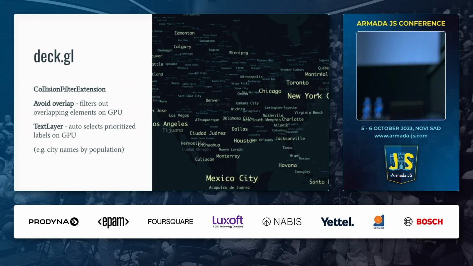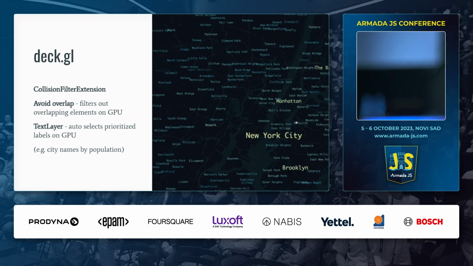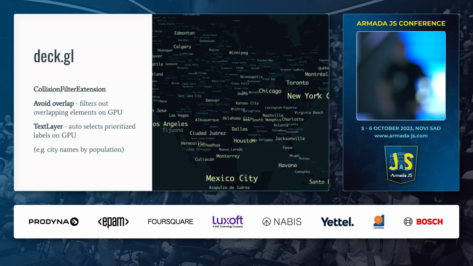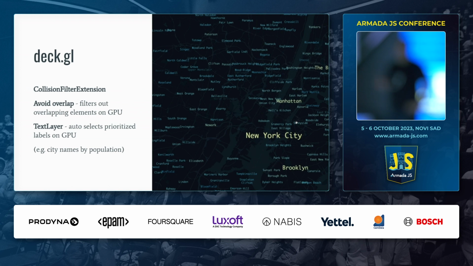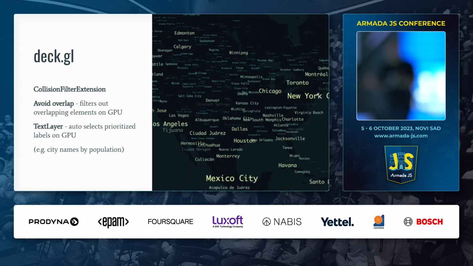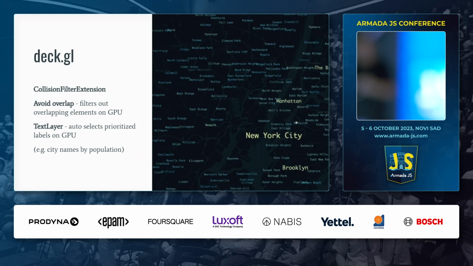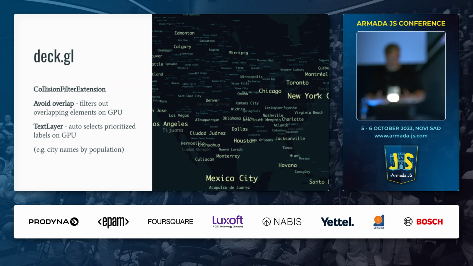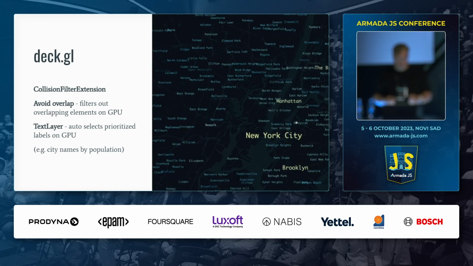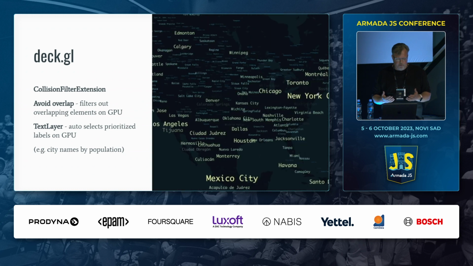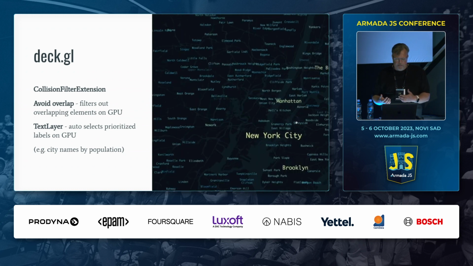When working with base maps in particular, one of the problems is that there are so many labels. If you zoom out, the entire screen will be covered by overlapping labels, and sorting those labels can be quite tedious to do on the CPU. So what we've done is implement a collision filter that you can add to any layer.